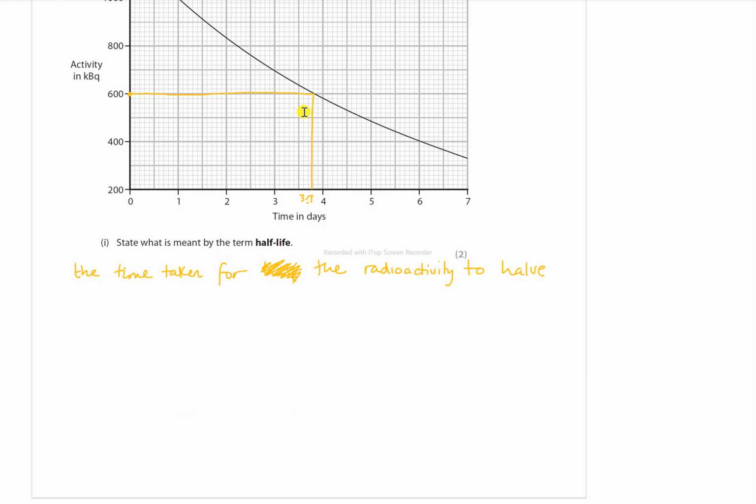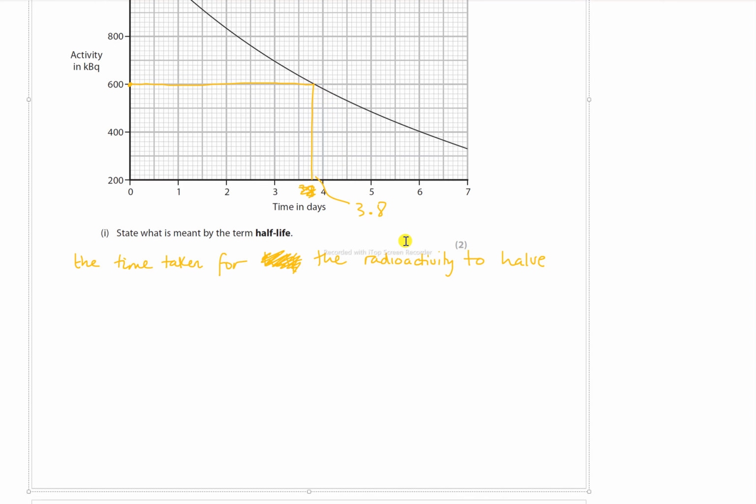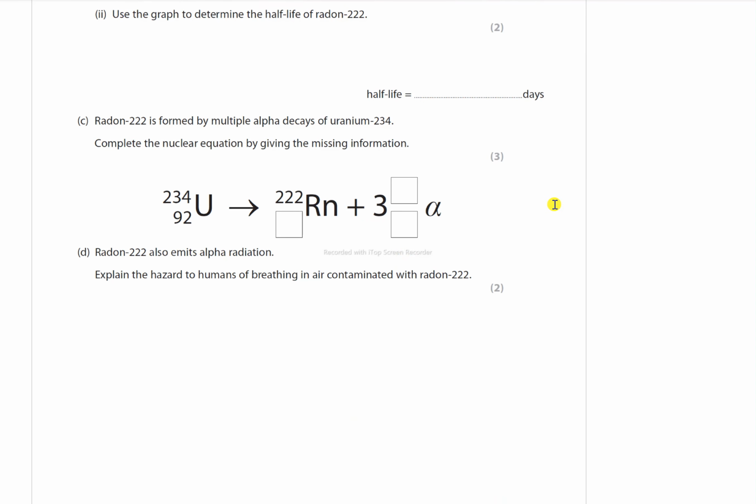Oh, right, they don't like that. 3.56, can't read. 3.8. So you've got to be careful with this, actually, that you read it off accurately. I read it off in a very casual way.